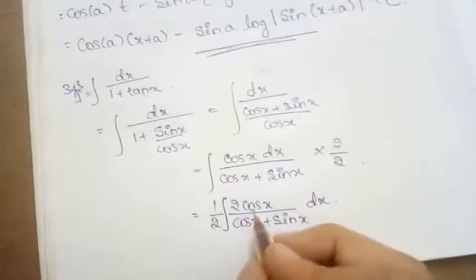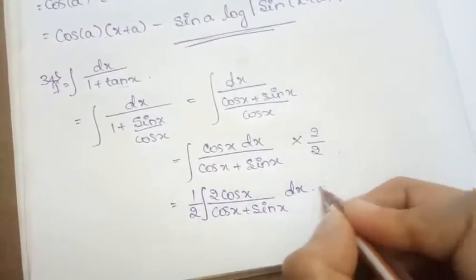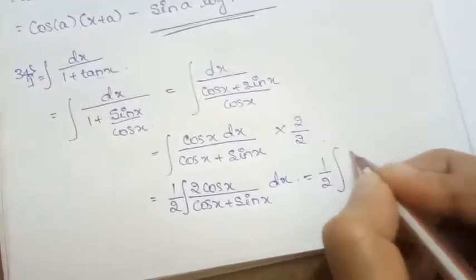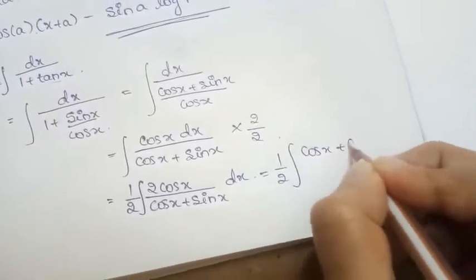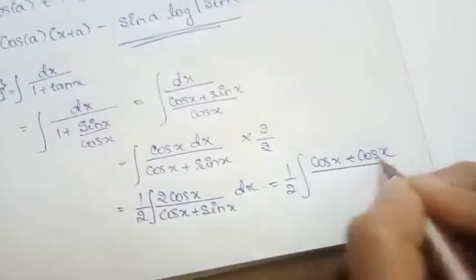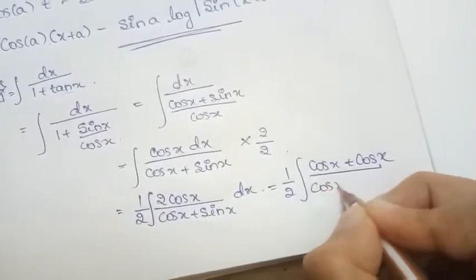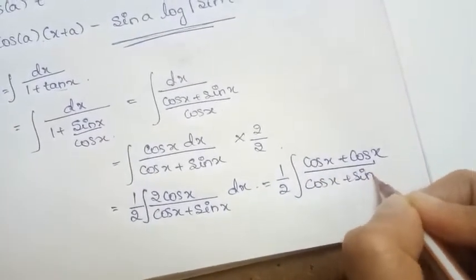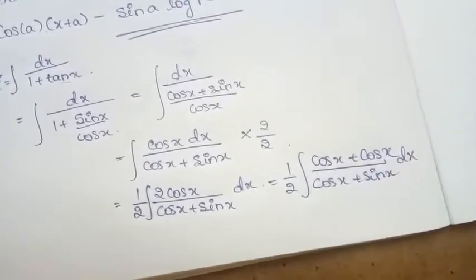Okay, so 2 cos x is written as cos x plus cos x, right? We are writing it like this: cos x plus cos x into cos x plus sin x dx.